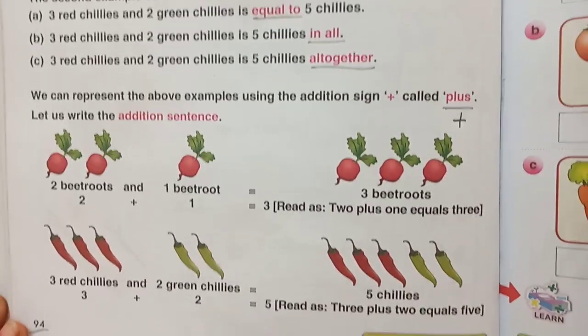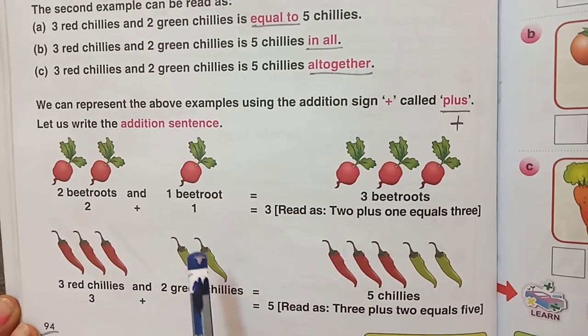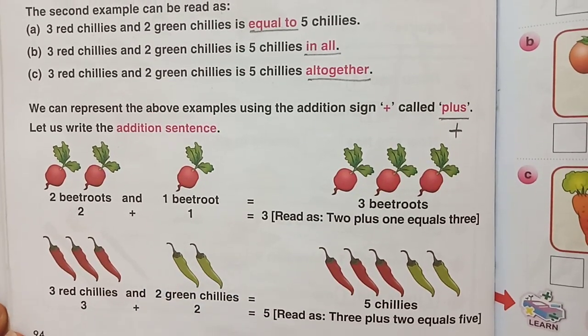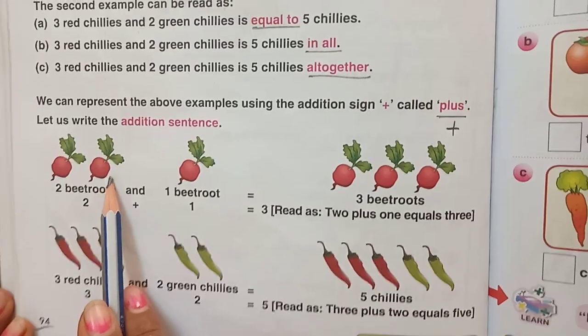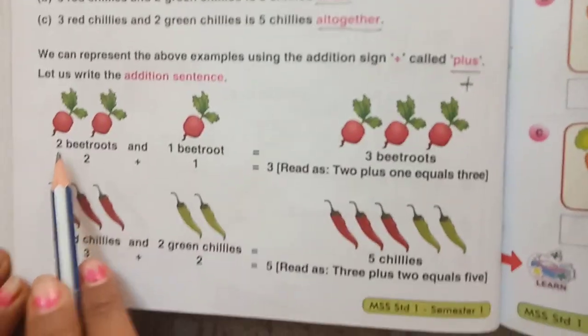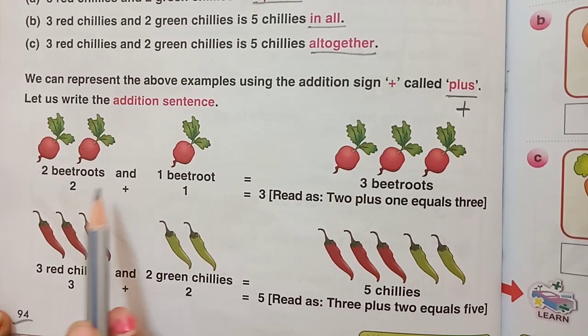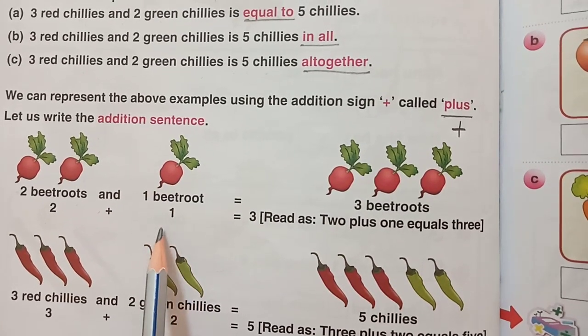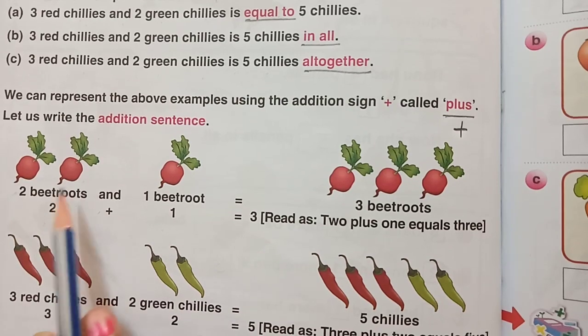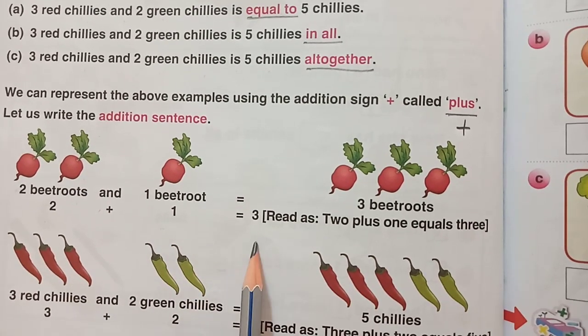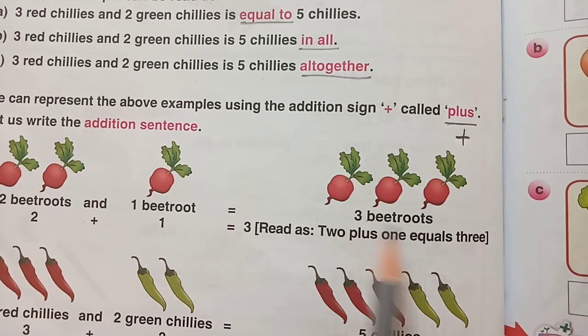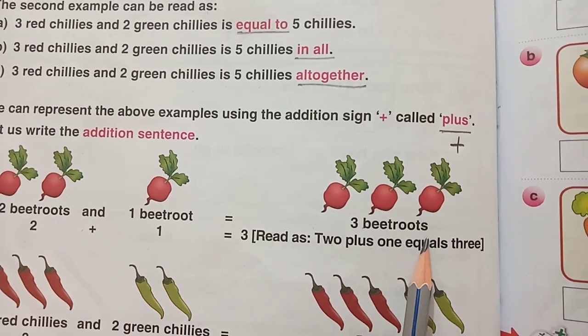In how many different ways can we represent this example, we will see here. At first, how many beetroots do we have? We have 2 beetroots, and 1 beetroot is added to that. 2 plus 1 is equal to 1, 2, 3, which is 3 beetroots.